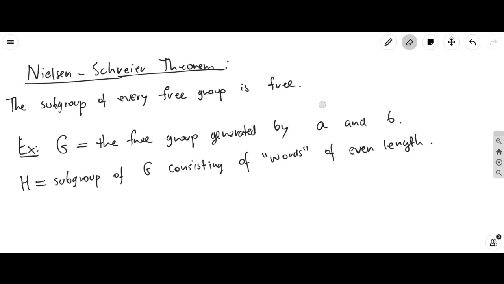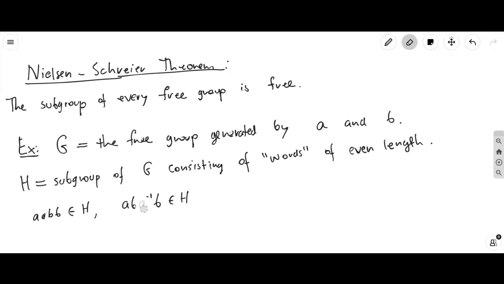So a word is just some combination of A and B. Because it is a free group, it means that every element in G is written uniquely as a product of A's and B's. You can allow inverses, of course, but it would be uniquely expressible using the symbols A's and B's. So for example, you would say that AABB is an element of H. You would say that AB, A inverse, let's say B, is an element of H. This is a word of even length.